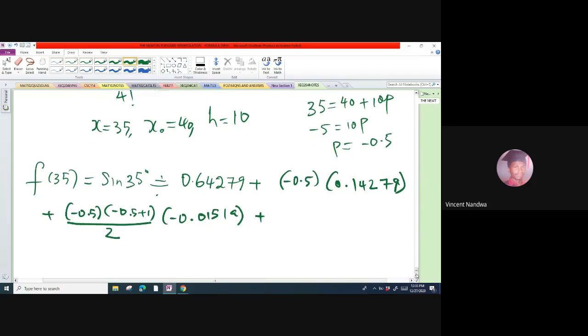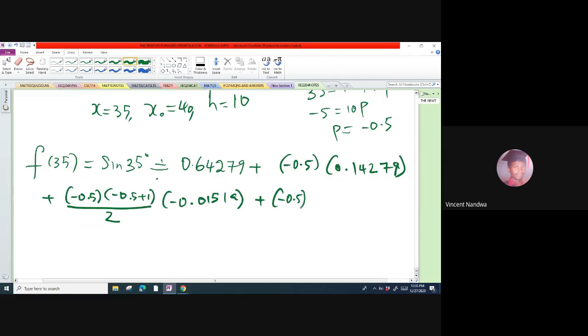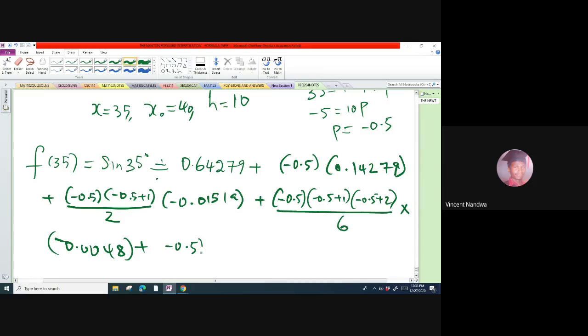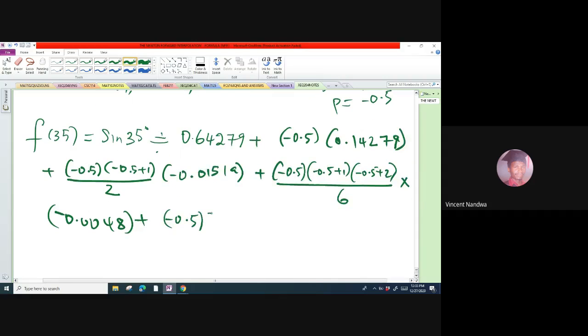Plus negative 0.5 into negative 0.5 plus 1, negative 0.5 plus 2, 3 factorial is 6, times negative 0.0048, then plus negative 0.5 into negative 0.5 plus 1, negative 0.5 plus 2, negative 0.5 plus 3 over 4 factorial, times that difference, 0.000031 from the table.